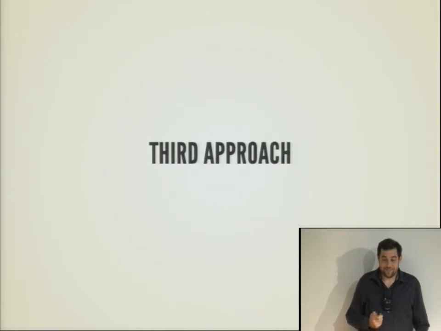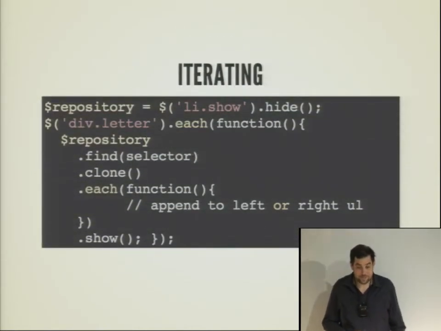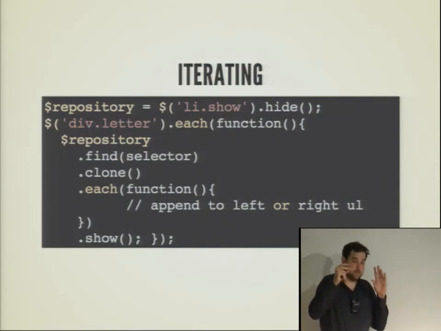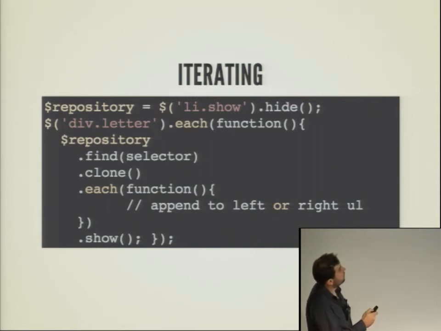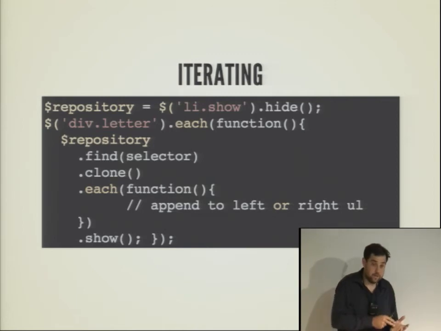So we changed the approach a little bit. Instead of putting the nodes into the DOM, we just had a variable of the shows, and then we cloned the variable, iterated through the left or right UL, and showed it at the end.